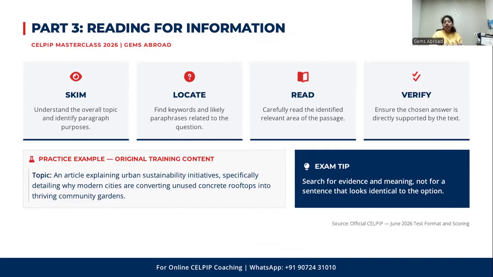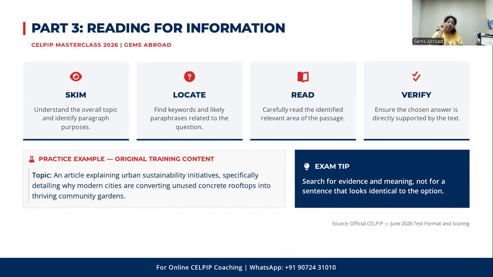In the example I have given, an article is about urban sustainability and community gardens on unused concrete rooftops. If the question asks why cities are converting rooftops into gardens, you don't need to read each and every sentence or each and every word.